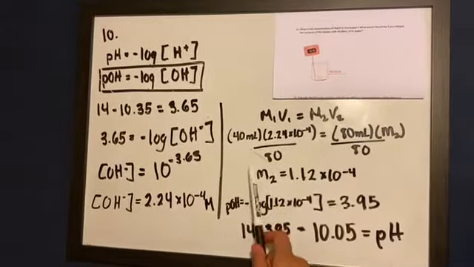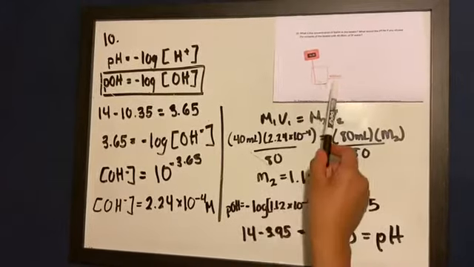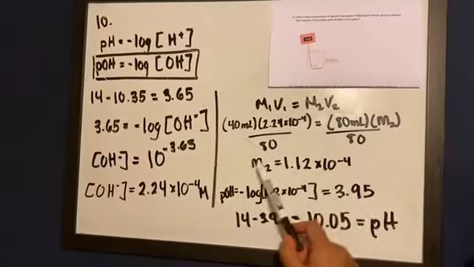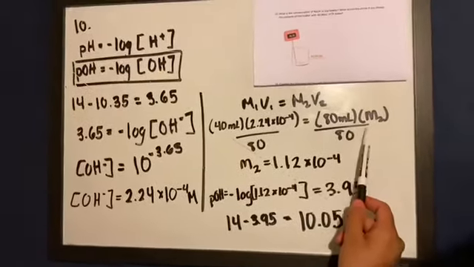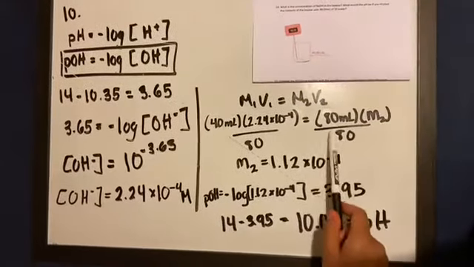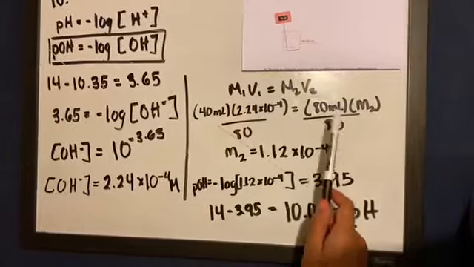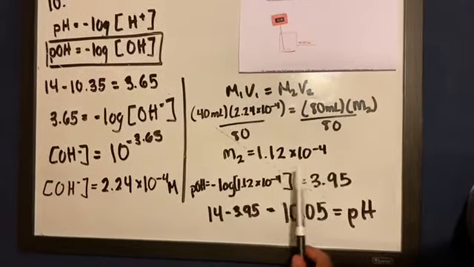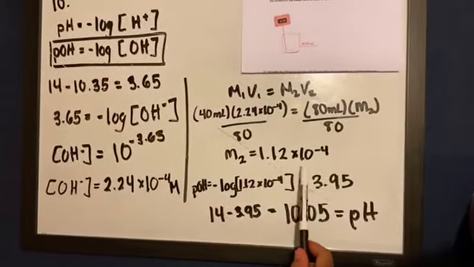So we plug in the information we were given, 40 milliliters times the concentration of the NaOH, and we are trying to figure out the molarity of the final solution. So after adding 40 plus 40, we get 80 milliliters of the final solution after diluting the water. We get the molarity after dividing it and figuring it out. We get 1.12 times 10 to the negative 4.